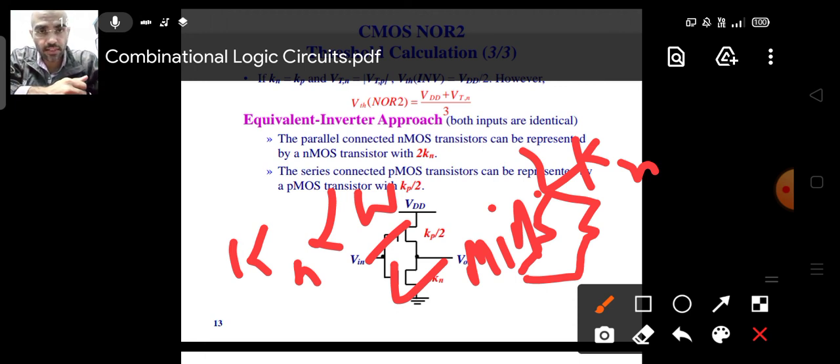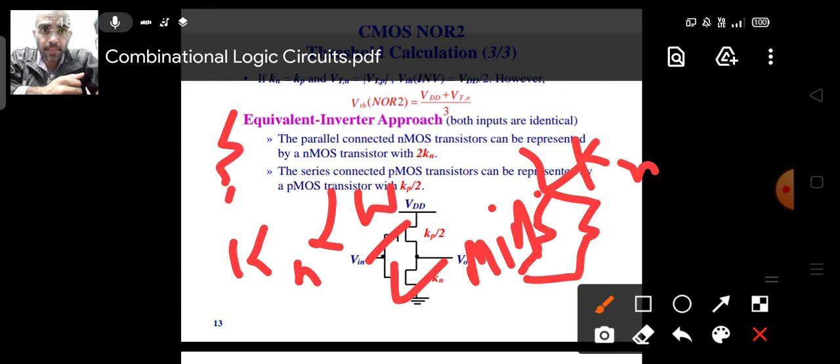I have expressed the single transistor's ratio by Kn, so the equivalent transistor will have 2Kn. Similarly, if we try to find the equivalent Kp of our PMOS combination, then for a NOR gate, the PMOS will come in series.